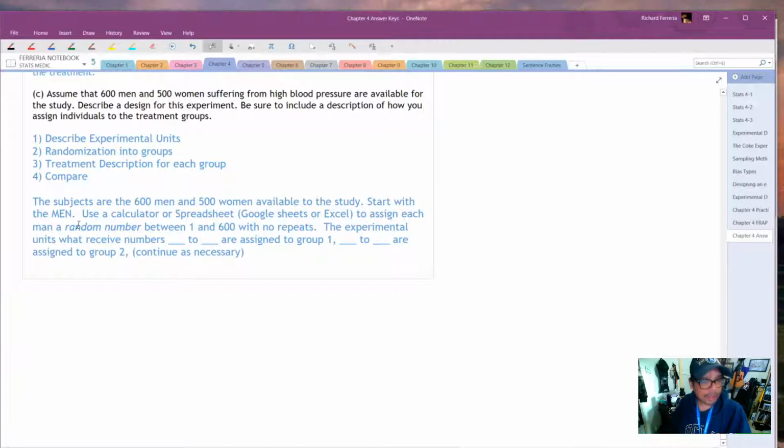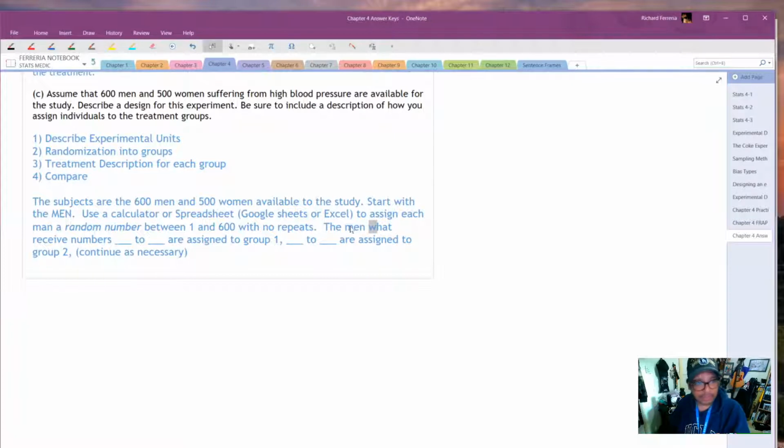The experimental units, again, we got to humanize this. We got to make this tailored to our experiment. So the men that receive numbers from 1 to 300, that's half of the men, are going to be assigned to group 1.